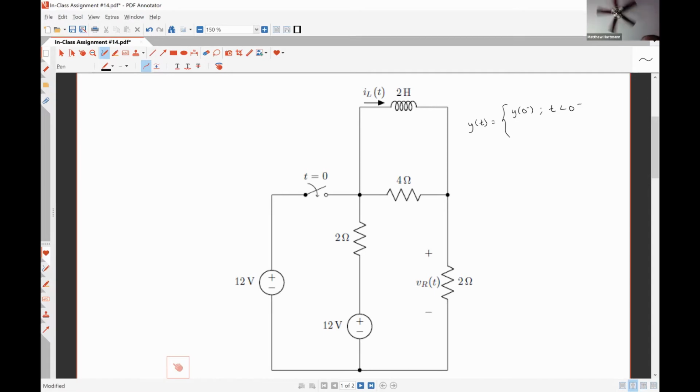That bit stays exactly the same. But for t greater than or equal to 0 minus, we're now going to have y of 0 plus minus y at infinity, e to the minus t over tau.